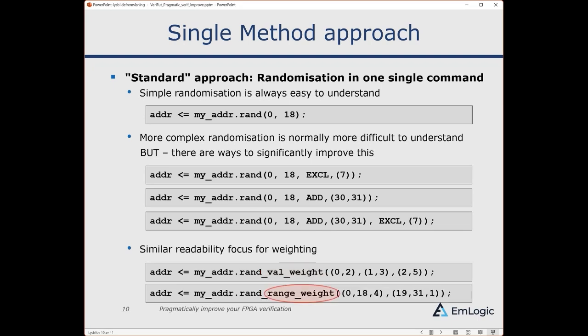Same applies with a range and a weight. First comes the range and then the weight. That means in this case, we generate a random number between 0 and 18 with a weight of 4, and between 19 and 31 with a weight of 1. So you can easily understand the actual randomization and what you will get.